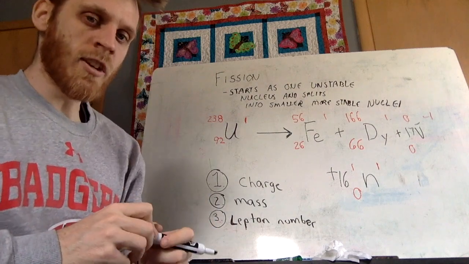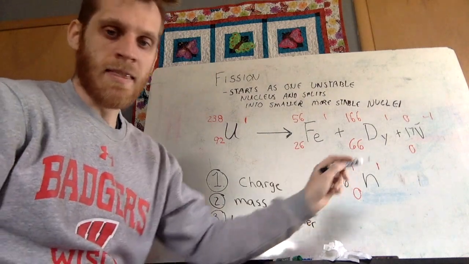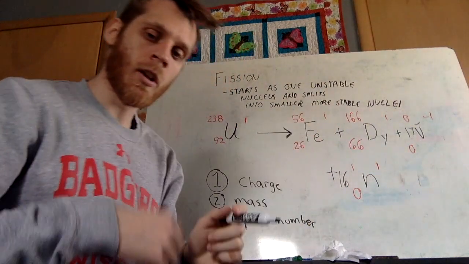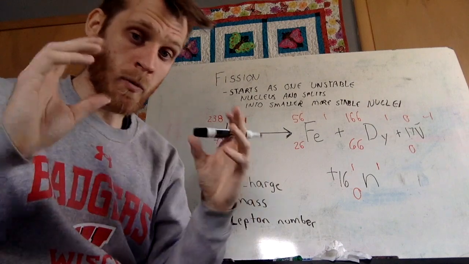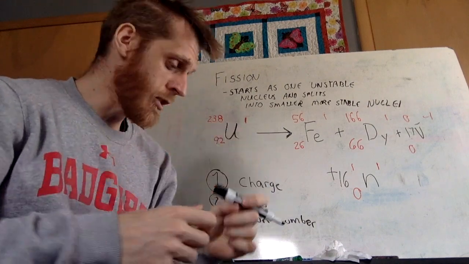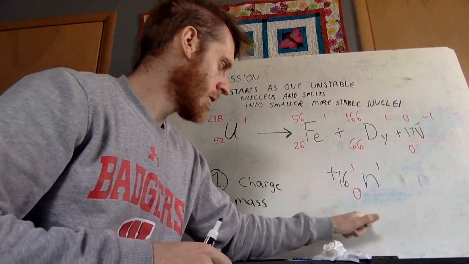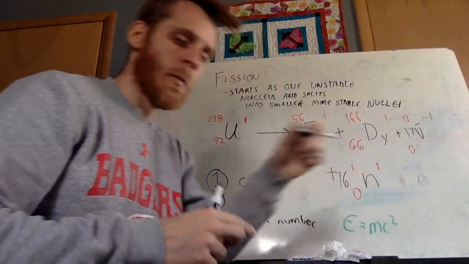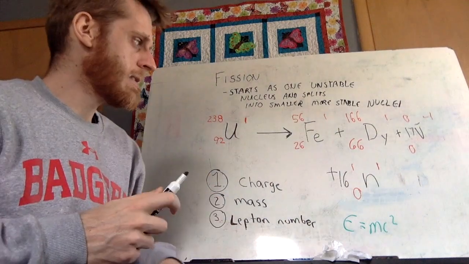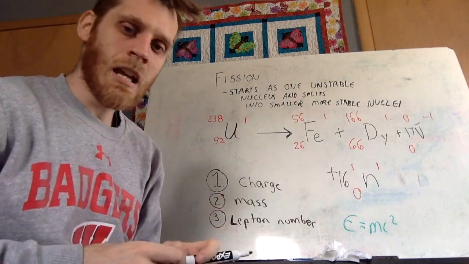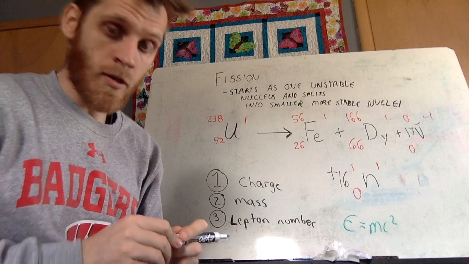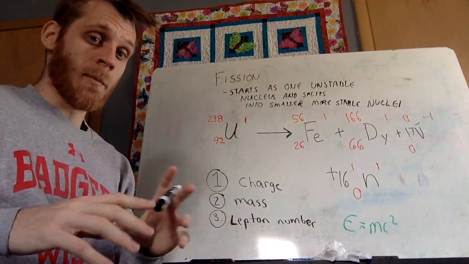Now the cool thing with a fission reaction is, once again, these 17 antineutrinos are going to go along their merry way, and they're going to react with other things nearby and produce energy in the form of E equals mc squared. But another cool thing about fission reactions is that these 16 neutrons kind of go off like bullets.